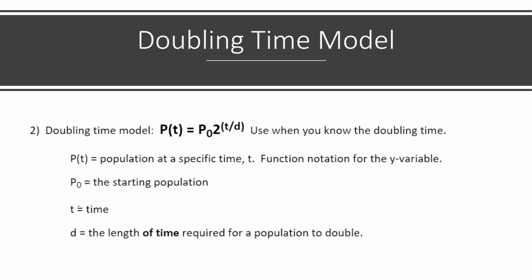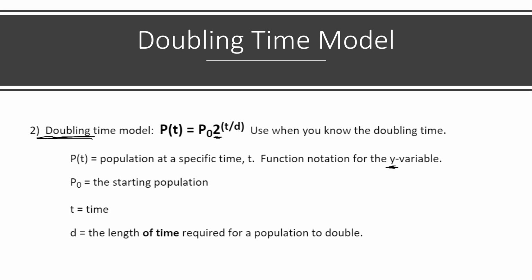Our next model is called the doubling time model, so you may want to highlight that. And the base in this model is 2, because if you're going to double something, you're going to multiply it by 2. Again, do not memorize. You're always going to be given the model. The letters have the same meaning, so P of t is the population at some time, and Desmos will want you to use that as the y variable.